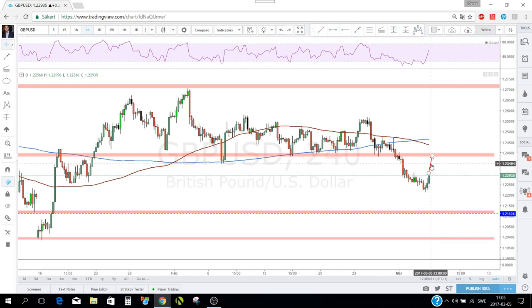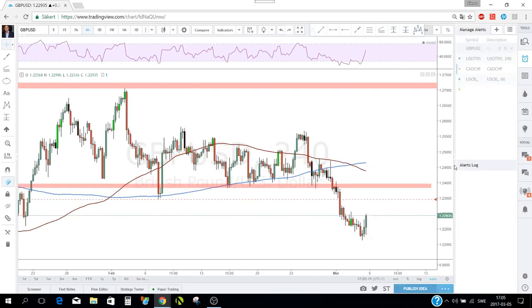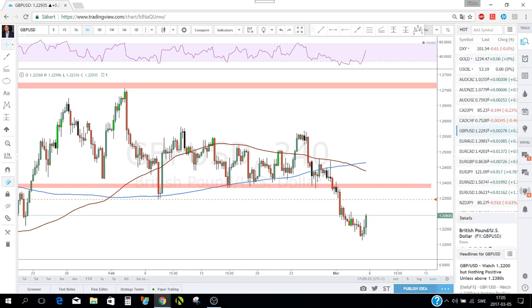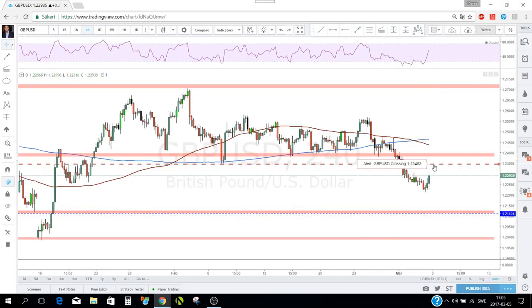So Sterling USD, put your alarms. I will actually put my alarm somewhere in this area. I will put my alert at the 1.2345 area to get an email if price reaches that level.